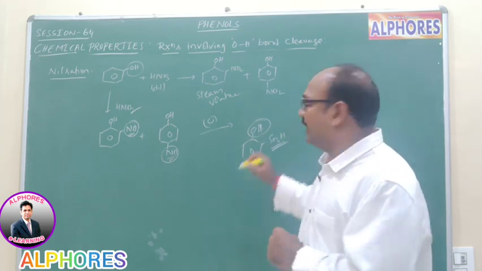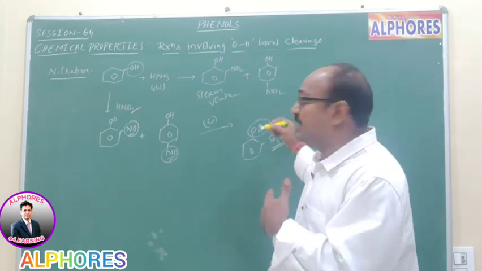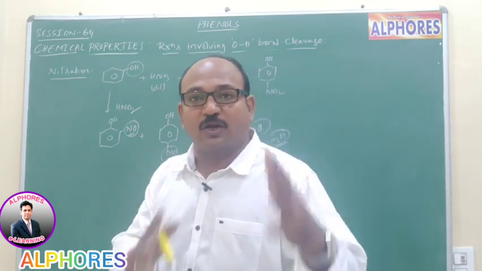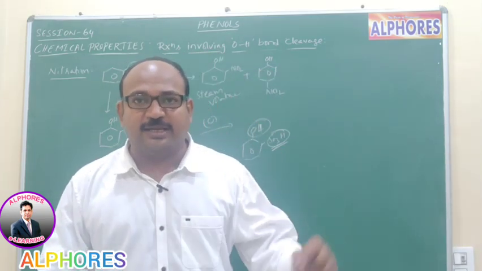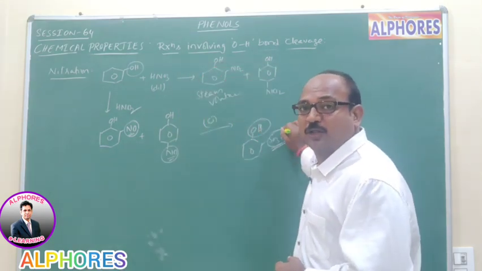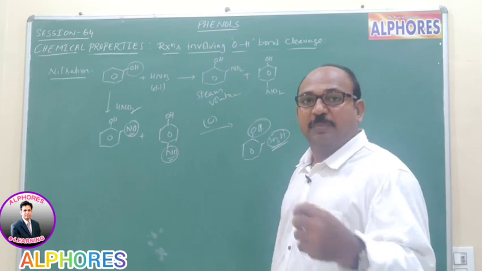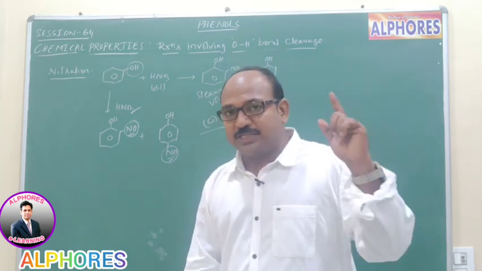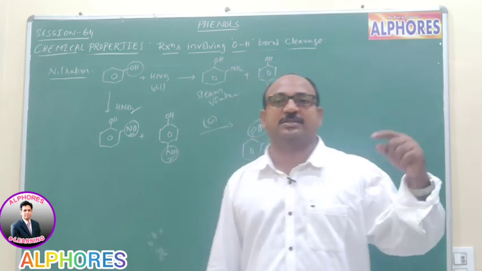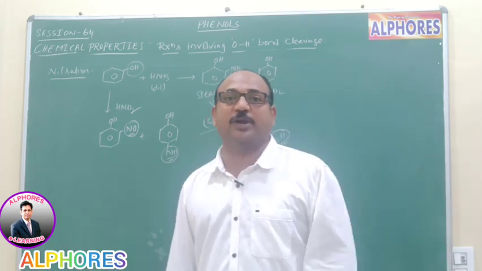The presence of SO3H does not allow oxidation by nitric acid. That's why when phenol is converted into ortho or para hydroxy benzene sulfonic acid, which upon treatment with concentrated nitric acid, you get 2,4,6-trinitrophenol, a 90% product.